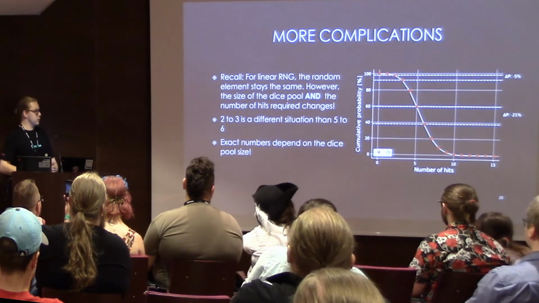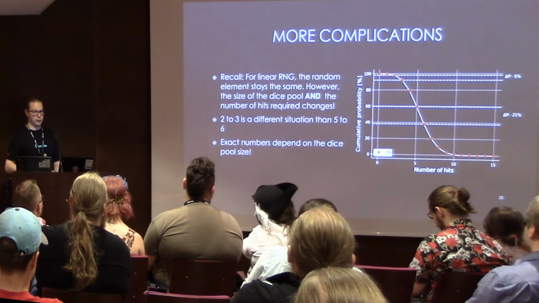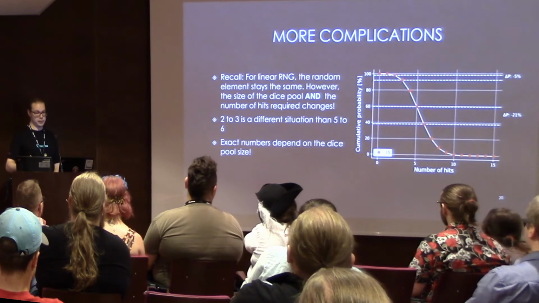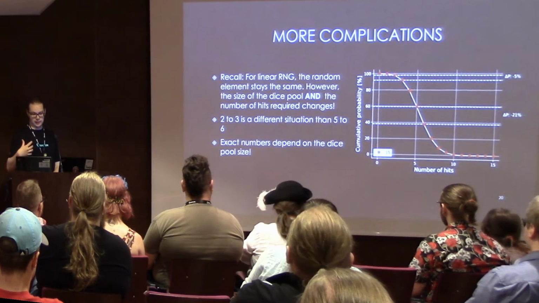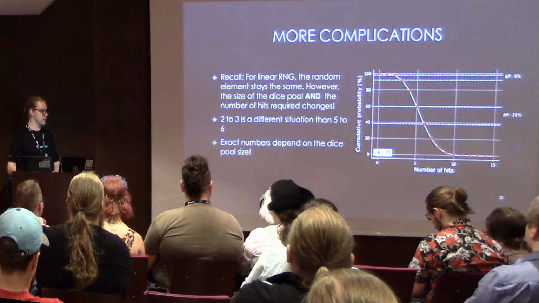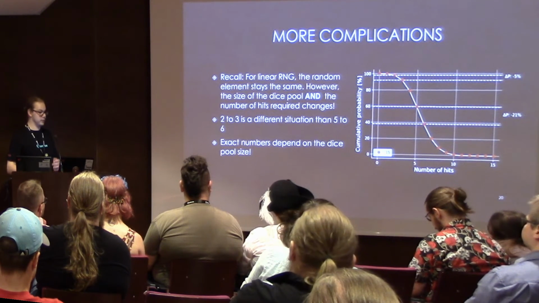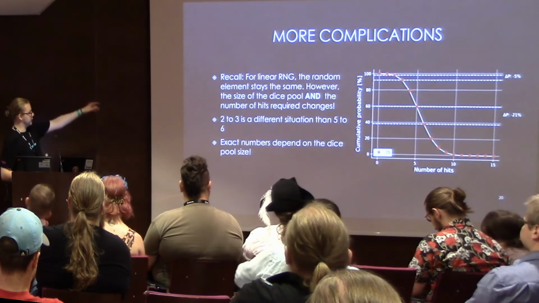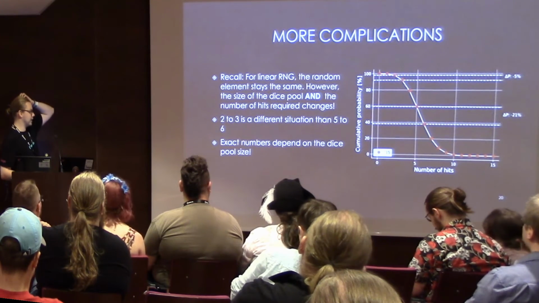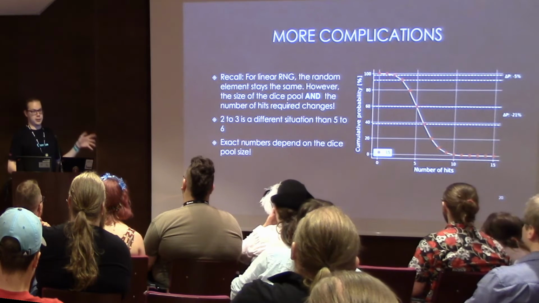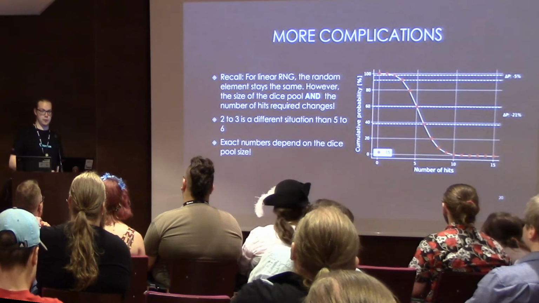At first we are in a situation where we only need 2 hits to succeed, and then for some reason the task becomes more difficult, and suddenly we need 3 hits to succeed. And here on the top right of the graph, we have a difference in probability in absolute percentage. So we see that our probability of succeeding drops only by 5 percentage points, which is quite a moderate drop.